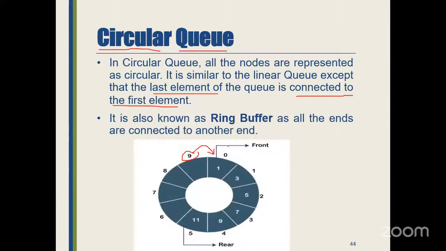Now see, this is the circular queue. We inserted the elements like 1, 3, 5, 7, 9, 11. And we have some empty spaces. Let us assume that these elements are inserted and removed. And now rear is at this position.